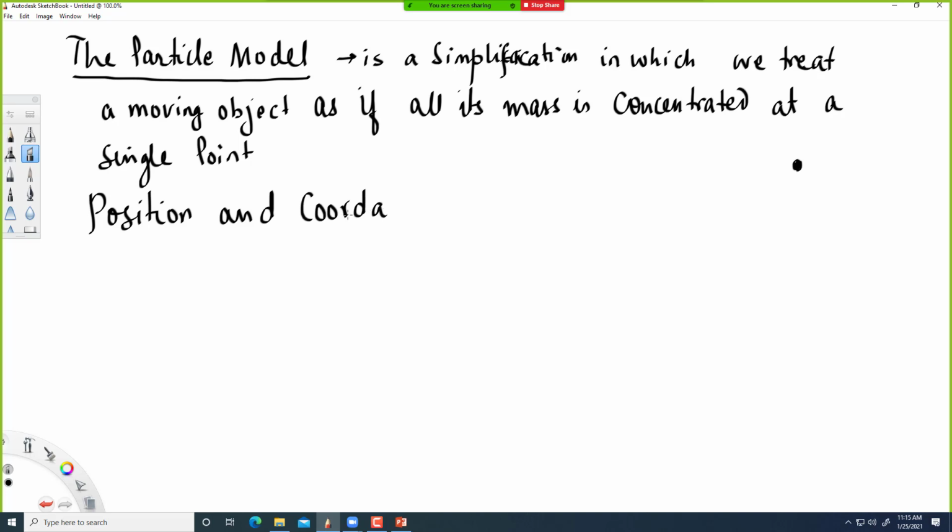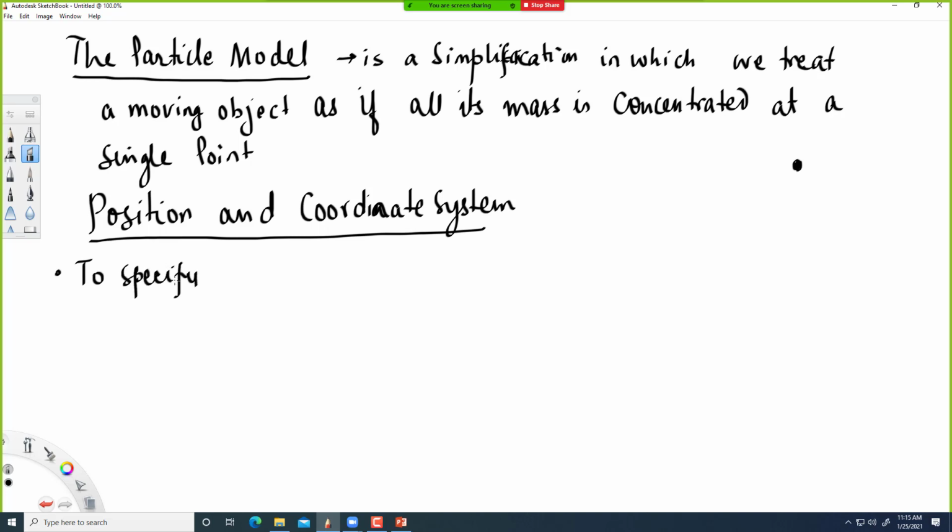Coordinate system. So like I said before, in order to specify my position, I need a reference point.